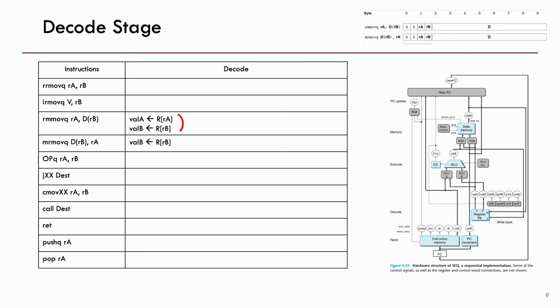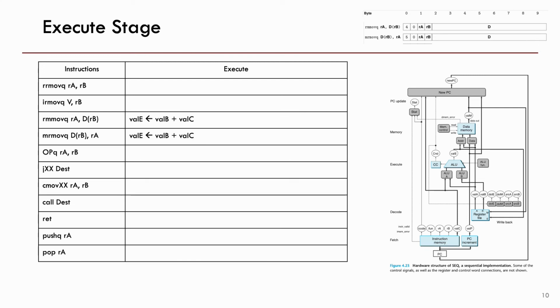We have 2 computations and 1 computation for RMMoveQ and MRMoveQ respectively. And next, the execute stage. MRMoveQ and RMMoveQ have the same computation, because both instructions have to compute the effective address by doing val_B plus val_C.